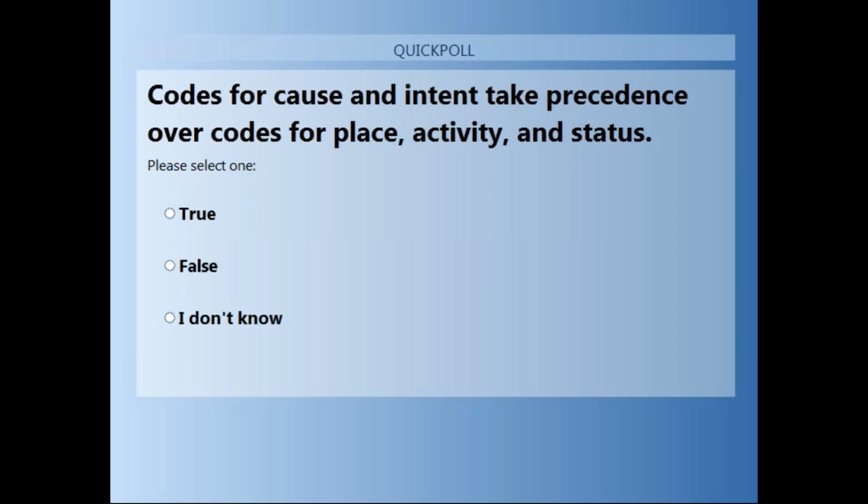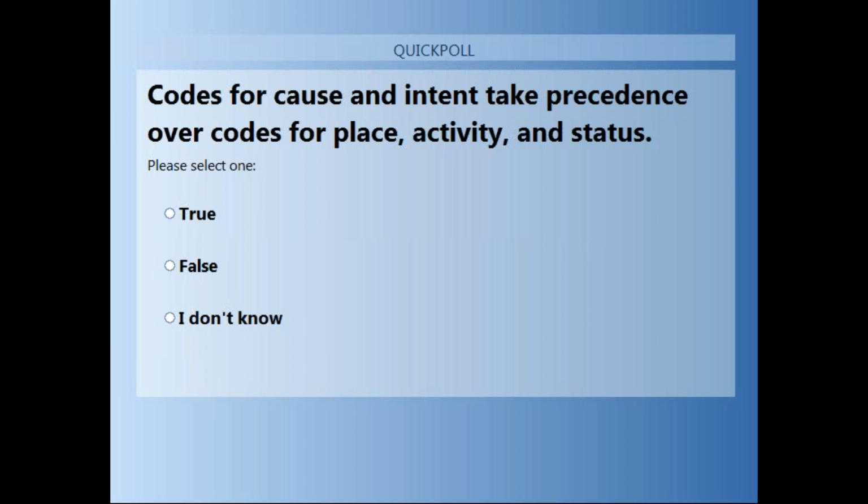Okay, the question is, codes for cause and intent take precedence over codes for place, activity, and status. Is that true, false, or you're not sure? So what do you think? Boy, I just glanced over and we've got 100% of you have already voted.